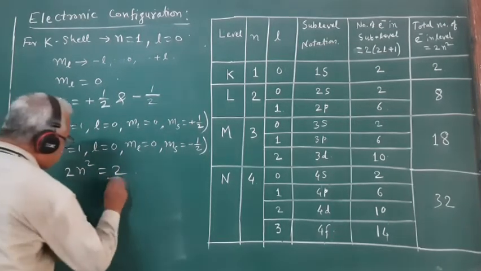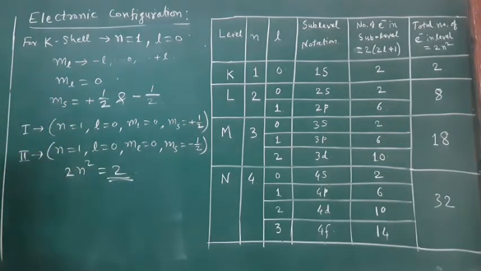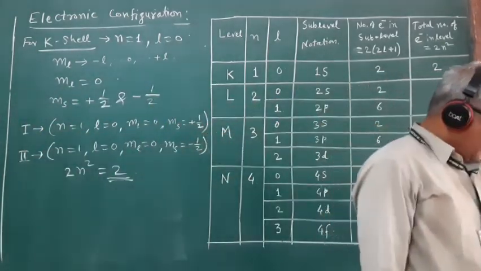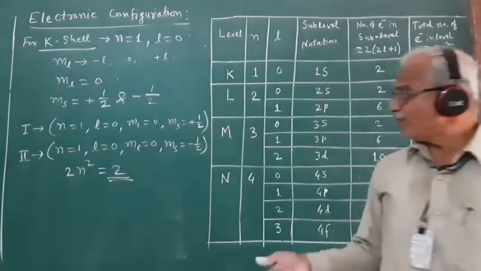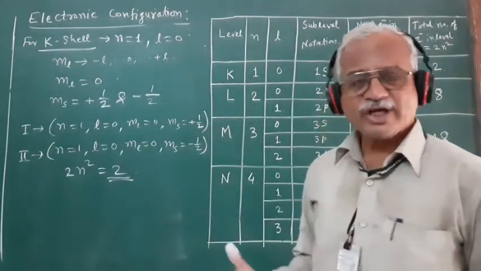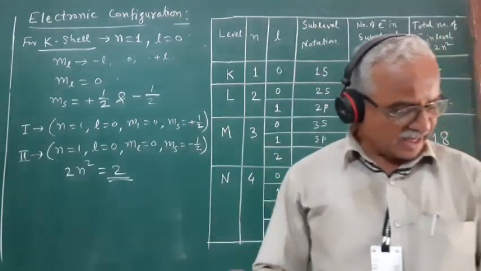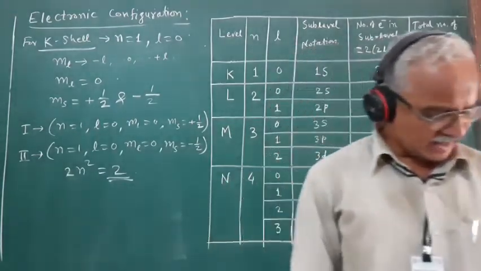So the maximum number of electrons that can be accommodated in the K shell is equal to 2. Similarly, we can proceed to obtain the maximum number of electrons that can be accommodated in the different shells such as L, M, N, O, P, etc.